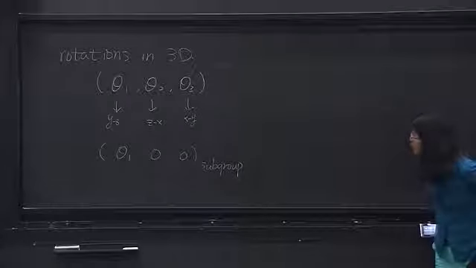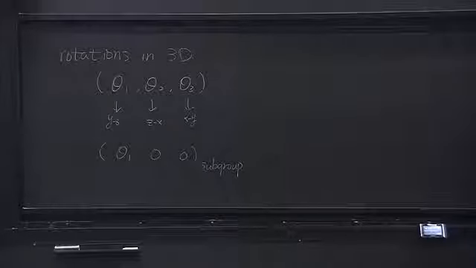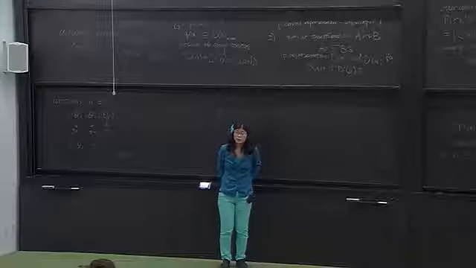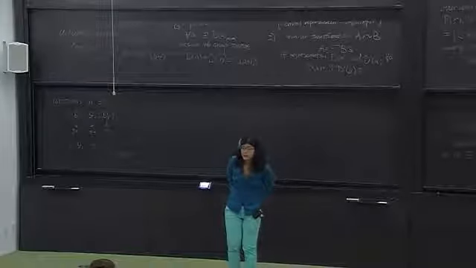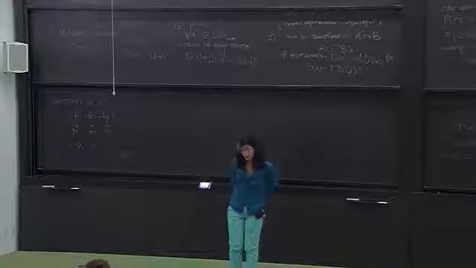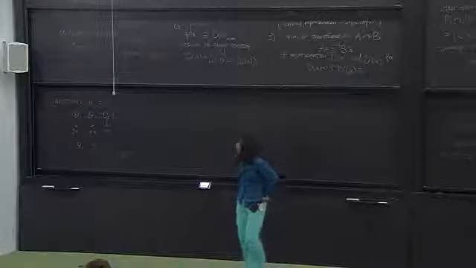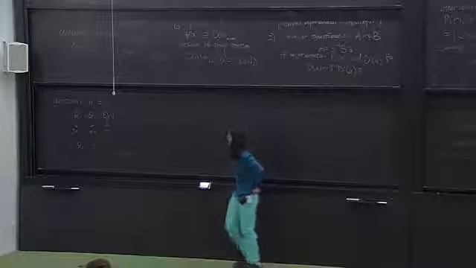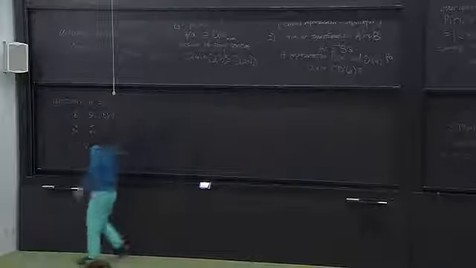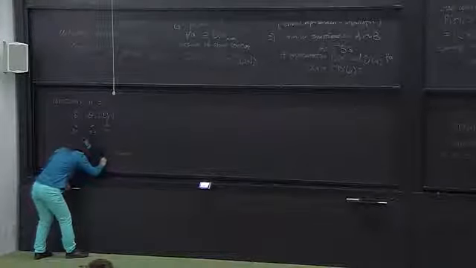Well, no. If there were rotations in different planes that commute, but they don't. And yes, you're right. The rotations in this plane are actually not a normal subgroup.